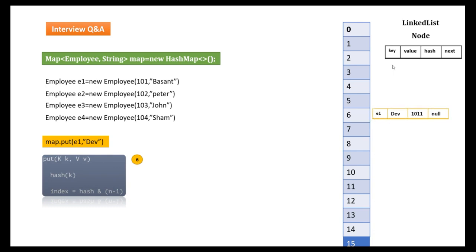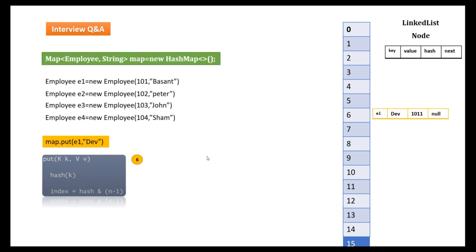As I mentioned in the high level diagram, this node contains the key which is e1 and the value which is DEV, then some hash value. And if you observe, the last entry, next, is null because there is no more element in this bucket, so there is no pointer, so that's the reason it is null.